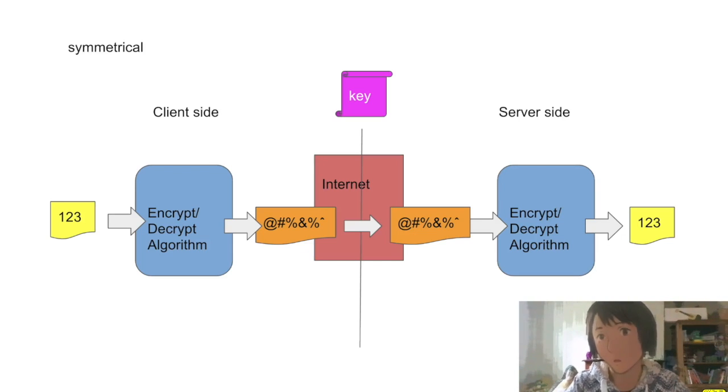So before we send it out from one side, we encrypt it, and before the receiver does anything to understand the message, it needs to decrypt it back to the original message.